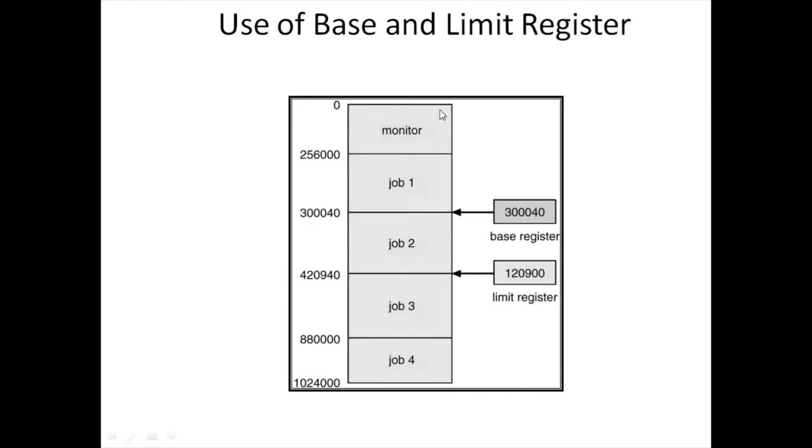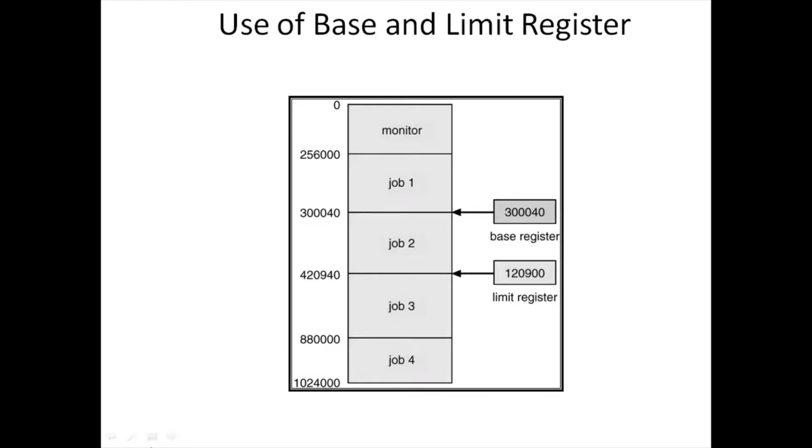In this diagram, for job 1 the base register is 2560, with its limit register size. For job 2, the base register is 300040 and its size is 120900, that is its limit register, and base register plus limit register gives where it finishes.